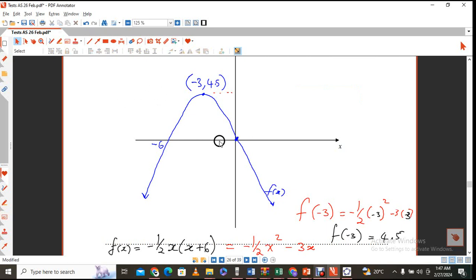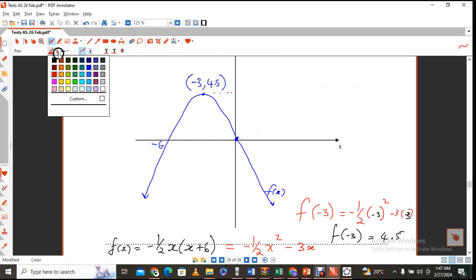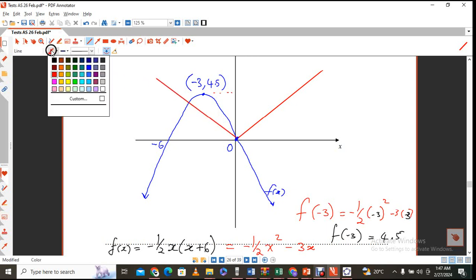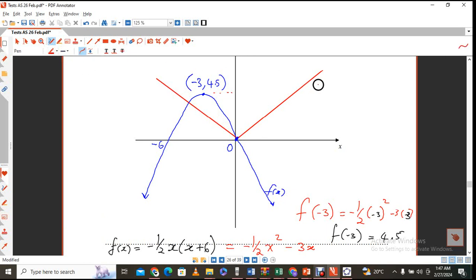So if I move my 0, of course, my 0 will now be over here. Right, so if I have to draw the graph of y equals to the absolute value of x, this g of x, it's going to go in this direction, and then obviously its reflection in this other direction. Okay, and this is going to be the graph of g of x. Okay, so that's what they said we should do on the same axis.